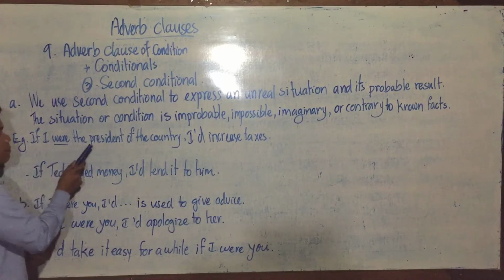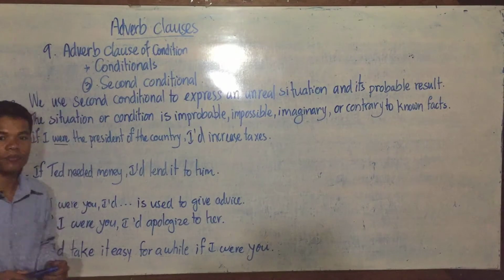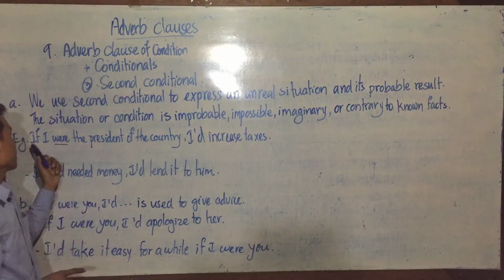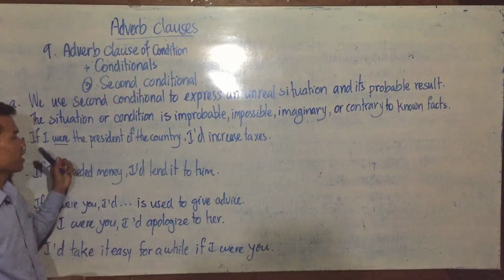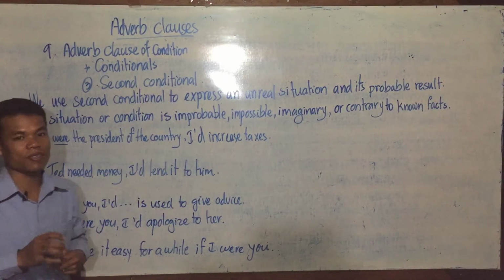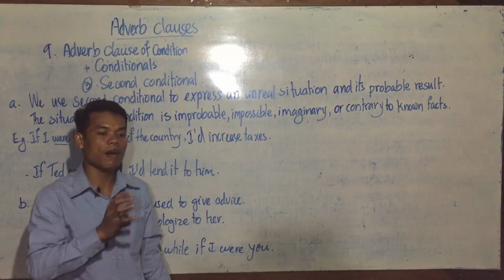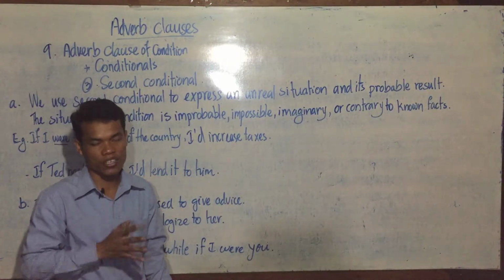If I were the president of the country, I would increase taxes. It is second conditional. If I were the president of the country, it is impossible because now I'm not the president of the country. I would increase taxes here is the result of an improbable condition.